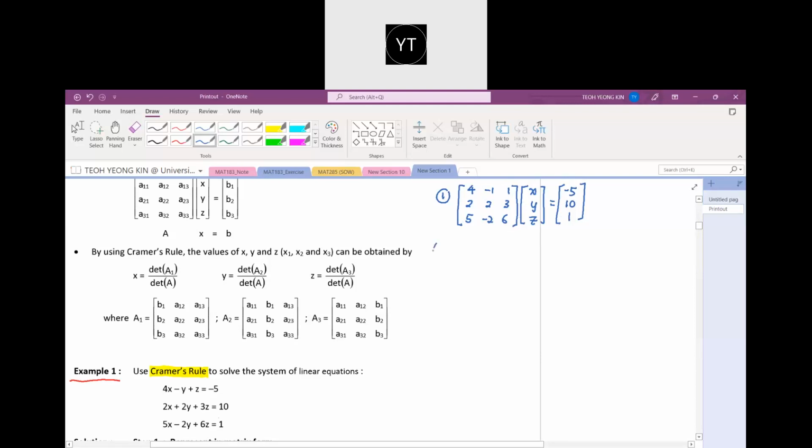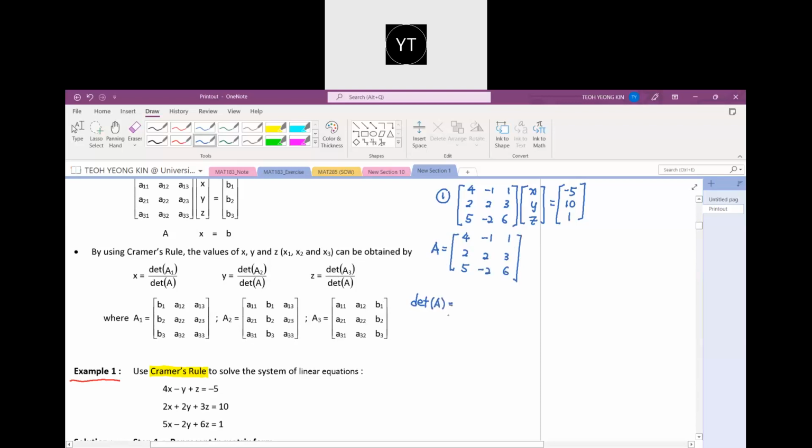This is A: 4, 2, 5, -1, 2, -2, 1, 3, and 6. Dah dapat matrix A, sebab kita perlukan determinants of A. So we try to find the determinant of A.